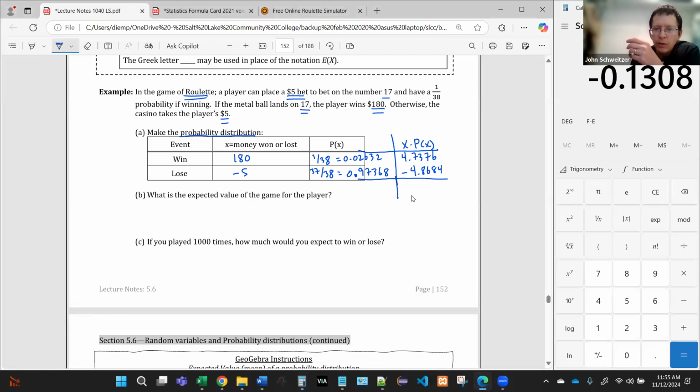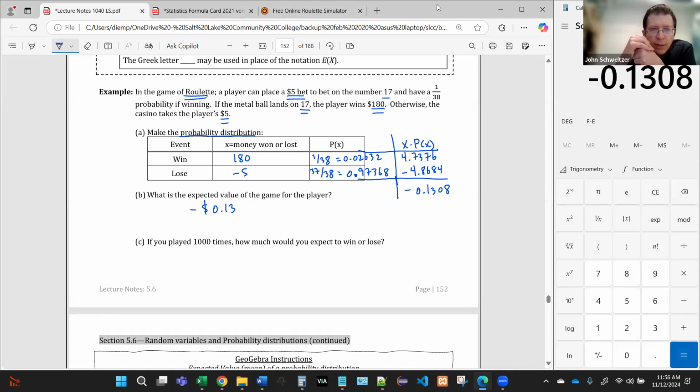Since we're dealing with dollars and cents, I think it makes sense here to round that to 13 cents. Now it's negative, and the negative is important. If you're the player, you don't want to see that negative there, right? That means the odds are against you, basically.